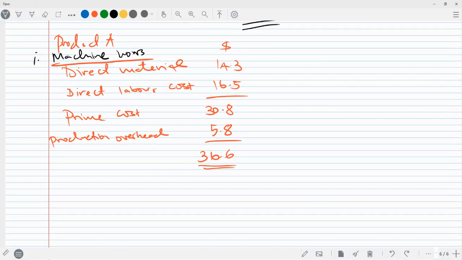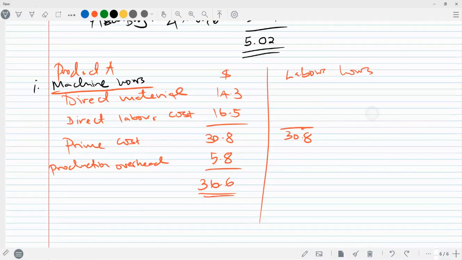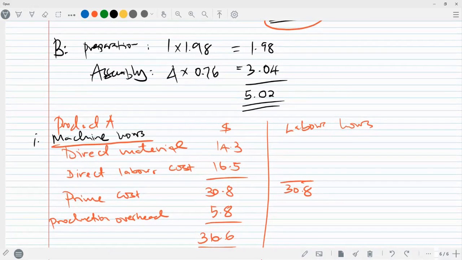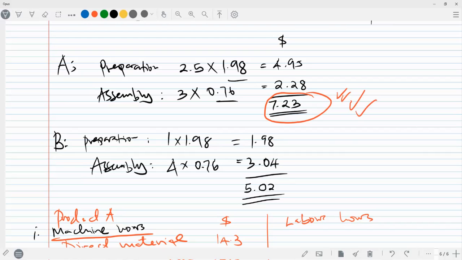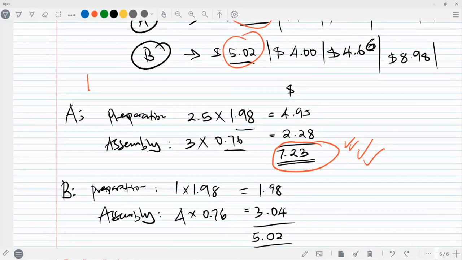If we are to use the labor hours, same process. If we use the labor hours as the base of absorption, the prime cost, as it is, will be equal to 30.8. Based on the labor hours, the production overhead cost that needs to be absorbed for A, we obtained 7.23.